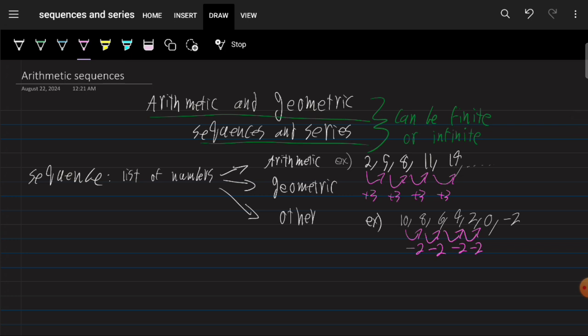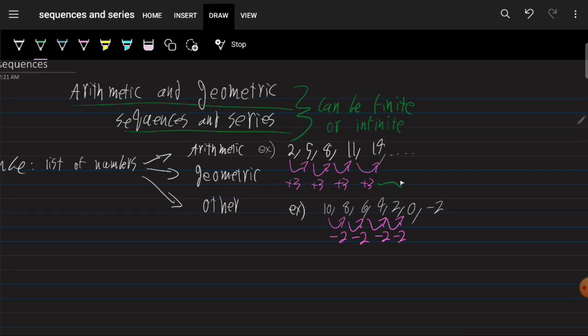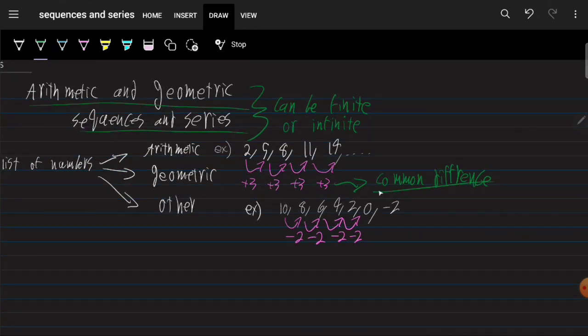The number that we go up or down by doesn't have to be an integer. It could be a decimal or a fraction, and we refer to that number as the common difference, and we give it the symbol d.